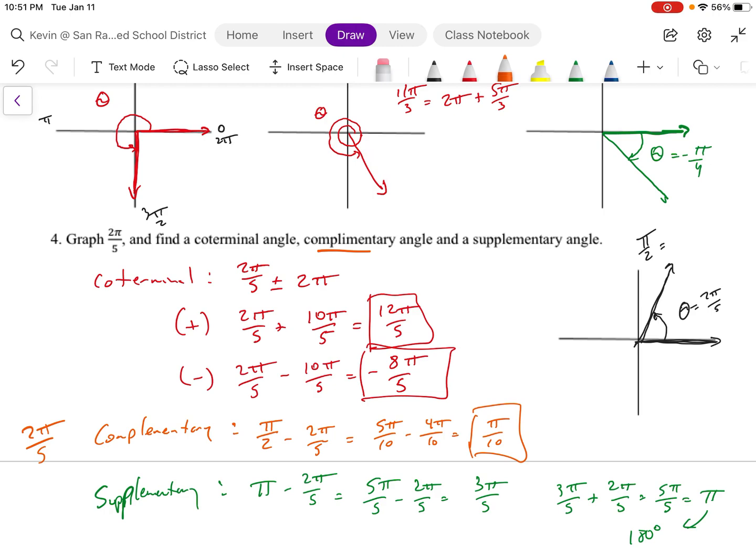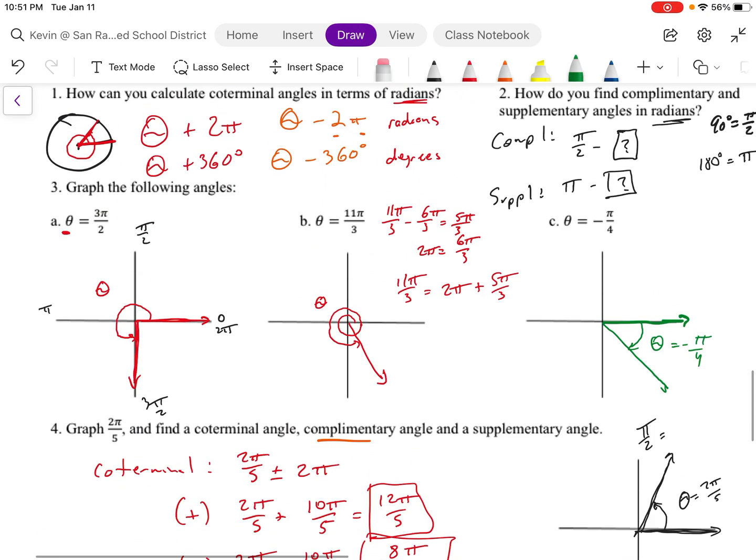Going back up here really quickly, if I took my 2 pi over 5 plus pi over 10, common denominator, that would be 4 pi over 10 plus pi over 10. That equals 5 pi over 10, which equals pi over 2, which equals 90 degrees.